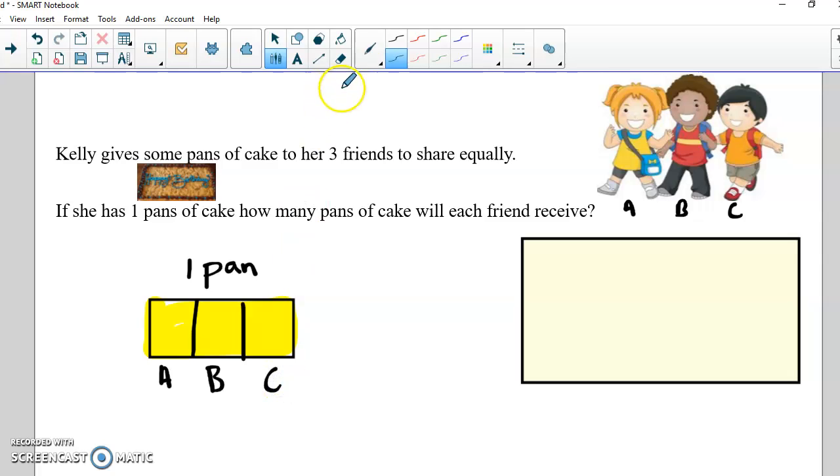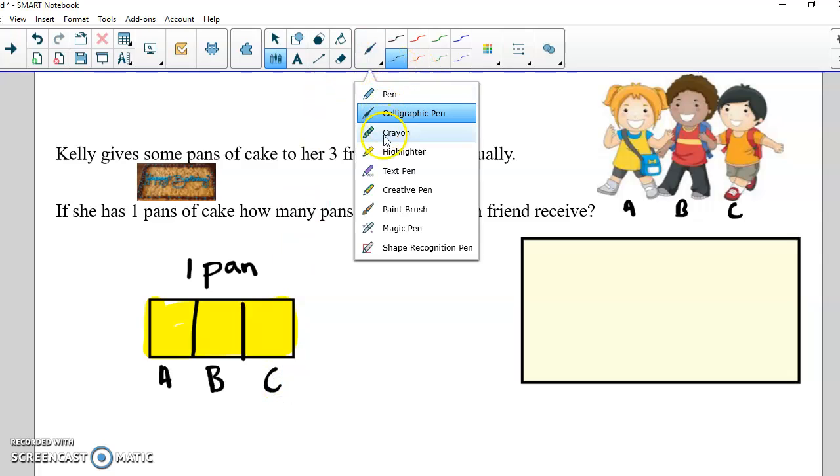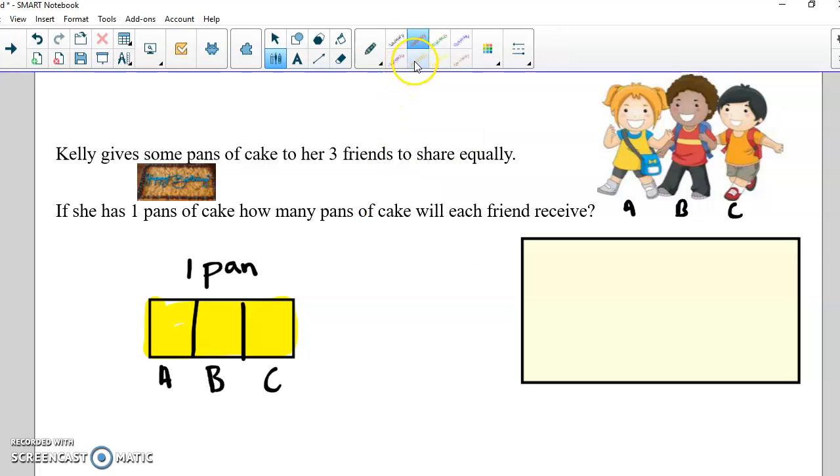So we're thinking, what size piece did person A get of the whole pan? Well, she gets this piece. And what size fraction of the whole pan did she get? Well, she received 1/3 of the whole pan.